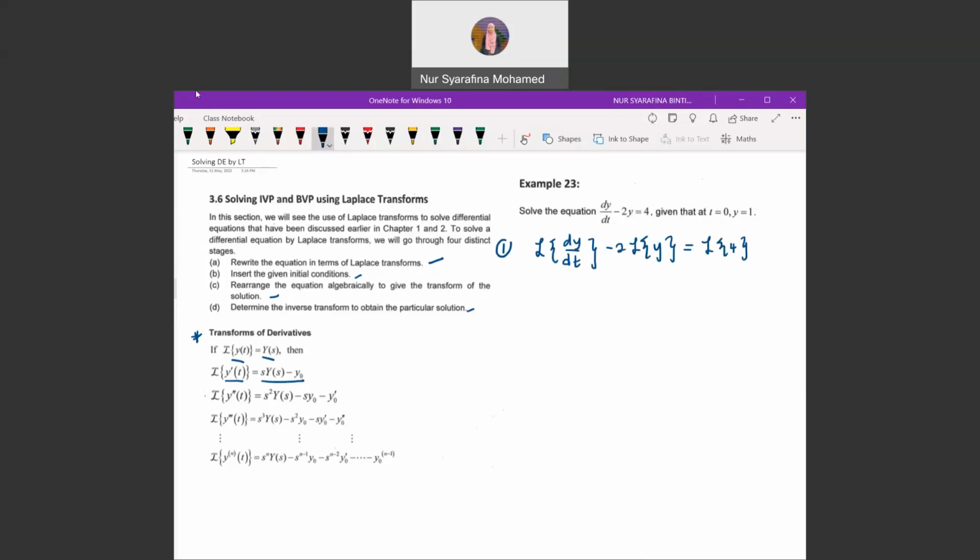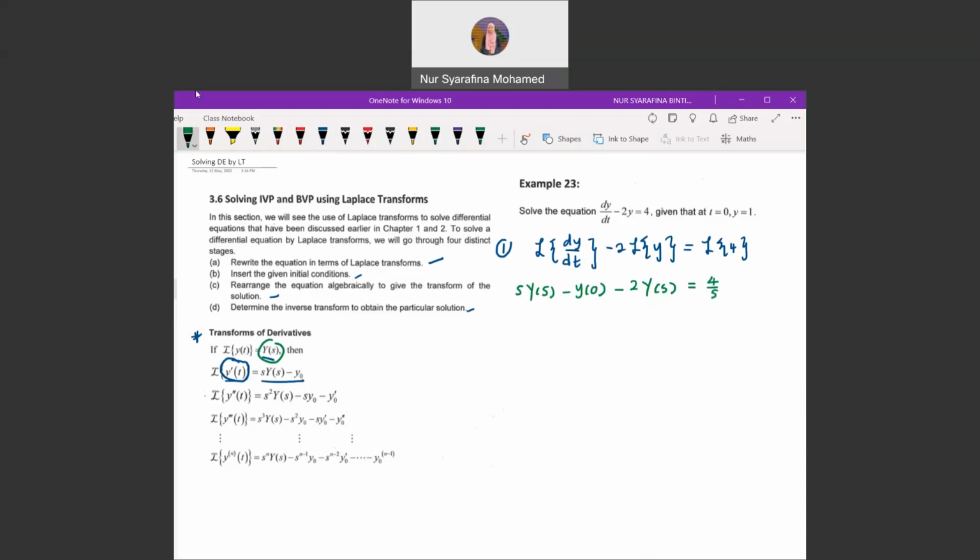Okay, so dy/dt is actually y prime. Then the transform version becomes sY(s) minus y naught. And y becomes Y(s). And transforming 4 by using the table of transformation, 4 is a constant, transform of a constant, you will have 4 over s.